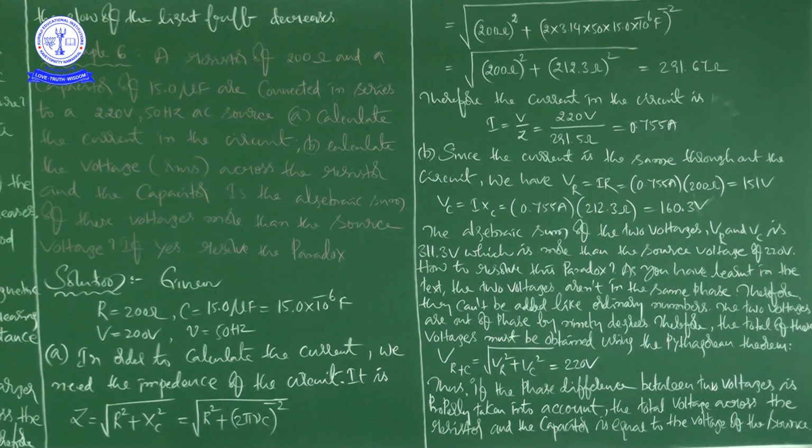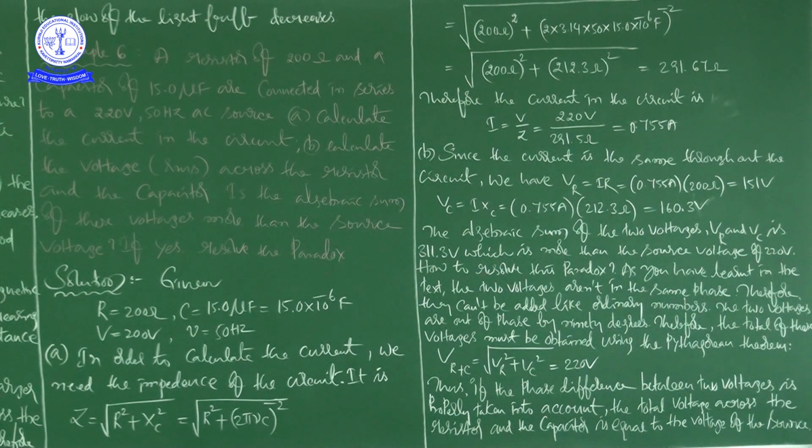Now you can calculate the current. Therefore, the current in the circuit is I is equal to V by Z. Actually, it is Ohm's law, no? But here, resistance means it is not the resistance alone, because in this circuit there are two things, resistor and capacitor. So impedance is nothing but the resistance of the circuit, the resultant of resistor and capacitor. That's why it is called with a special name, impedance.